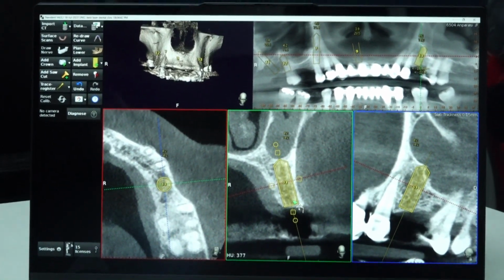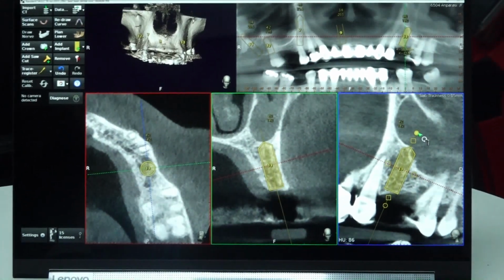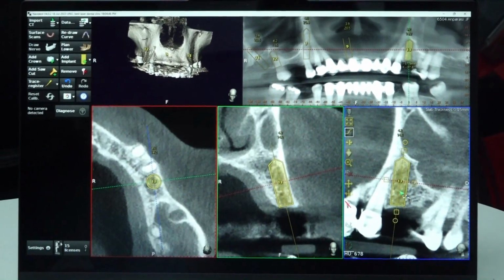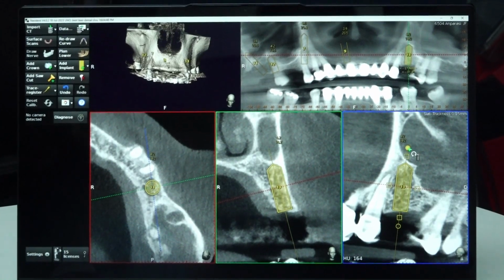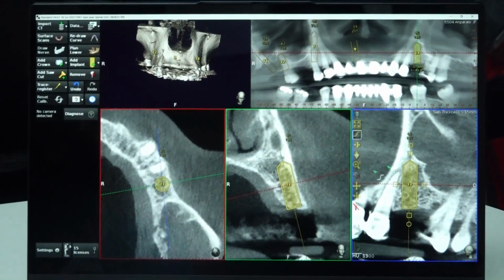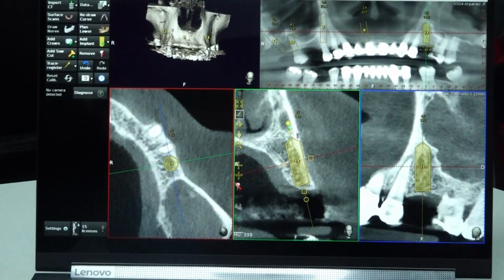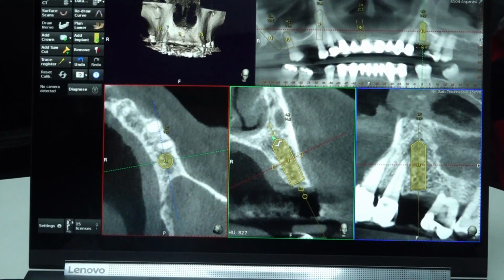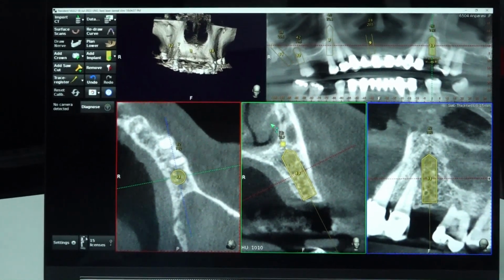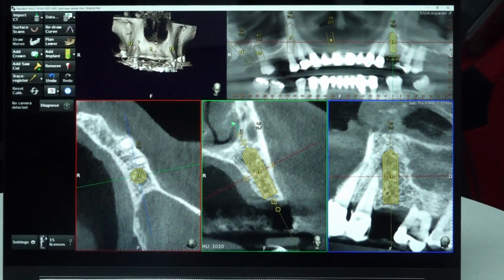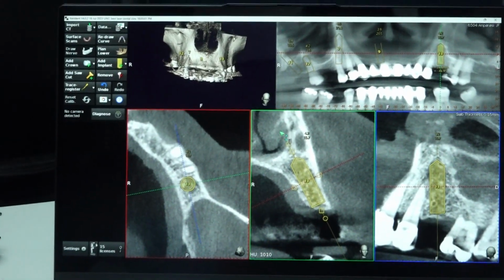It's a good length. Okay, we will just try a mesial tilt. Whenever we are tilting, always keep in mind we are complicating the situation, and we should be very careful. It becomes a technique sensitive procedure. Whenever we are tilting, we may miss the landmarks easily, we may lose orientation.